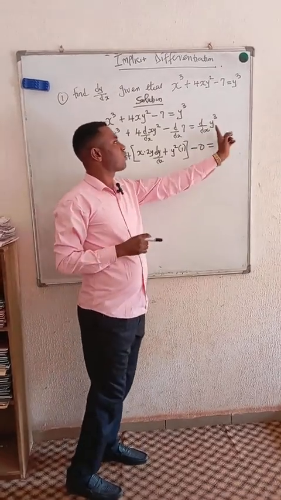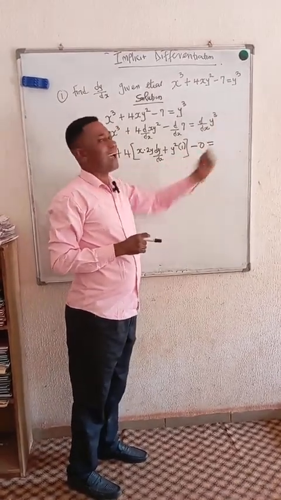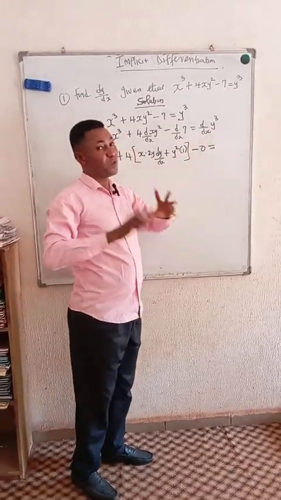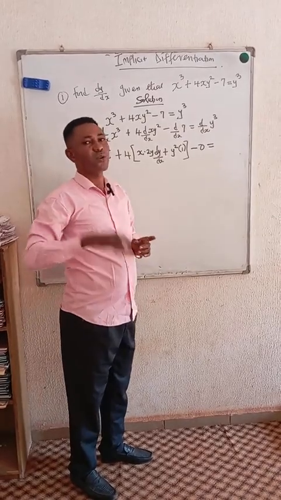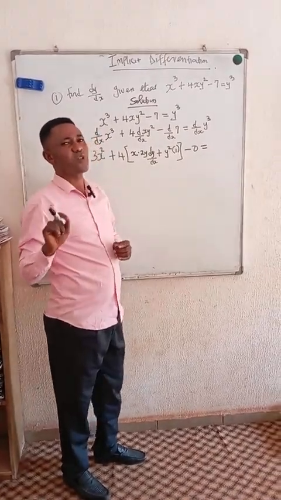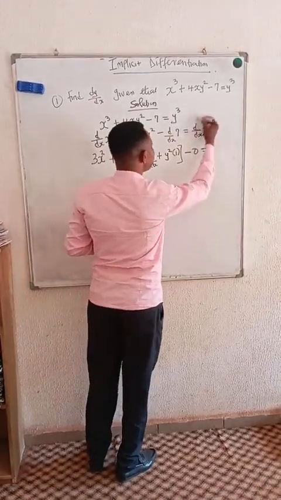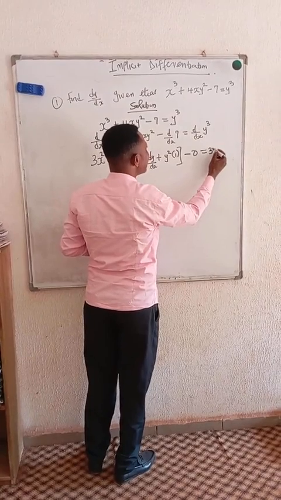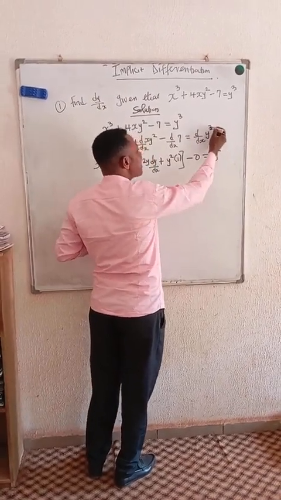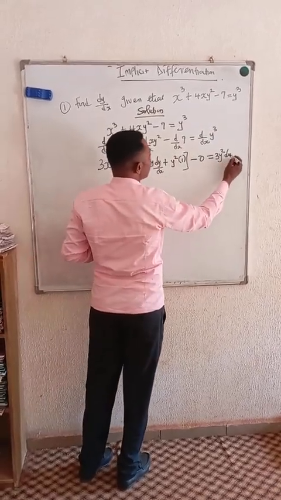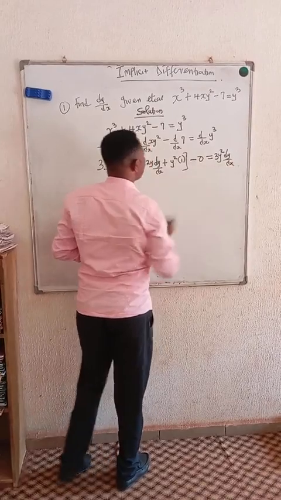We want to differentiate with respect to y. Like I told us earlier, if you differentiate with respect to y, we multiply the result by dy/dx immediately. Differentiating y power 3, we have 3y squared, bringing 3 to the front and removing 1 from the power, so we have 3y squared dy/dx.